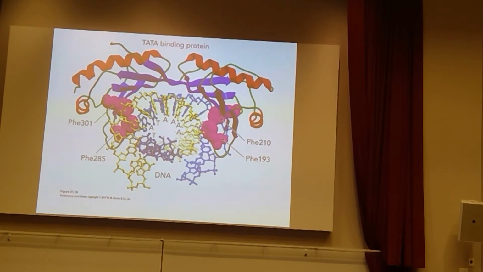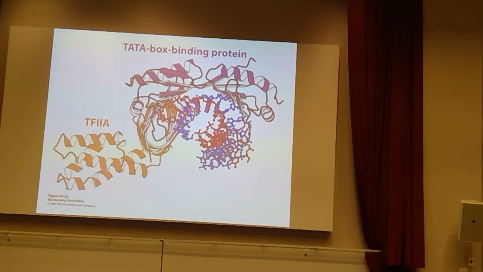We'll talk more later in the semester about the precise mechanisms by which protein-DNA interactions can lead to sequence specificity. Exactly what is the protein looking at that allows it to bind to some sequences versus others.